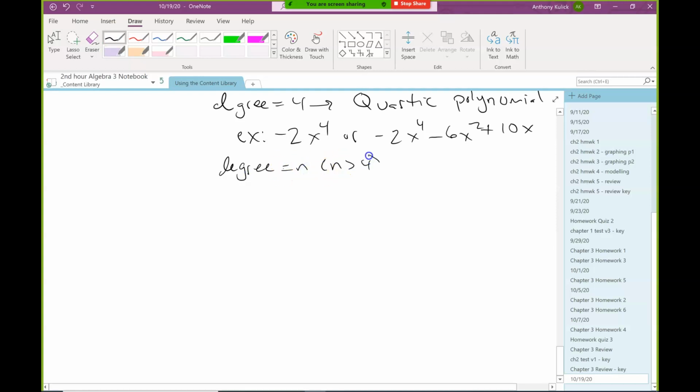So anything that's bigger than degree 4, we'll just call it that degree. So we'd say, oh, this is a degree 5 polynomial, or this is a degree 10 polynomial.